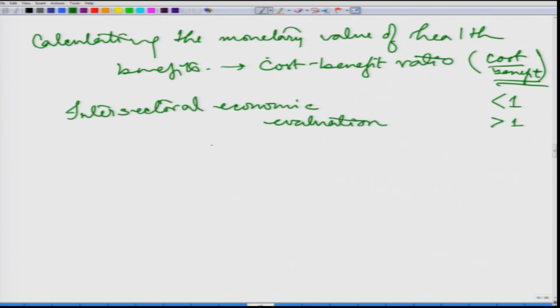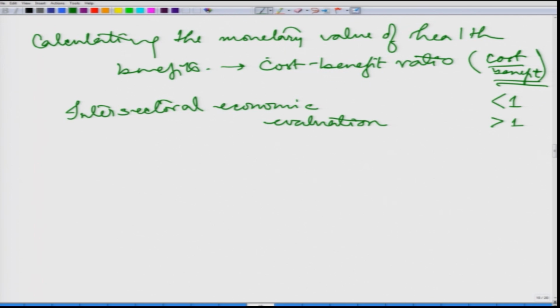So when we have an intersectoral decision making dilemma, then probably this cost benefit analysis helps a lot.